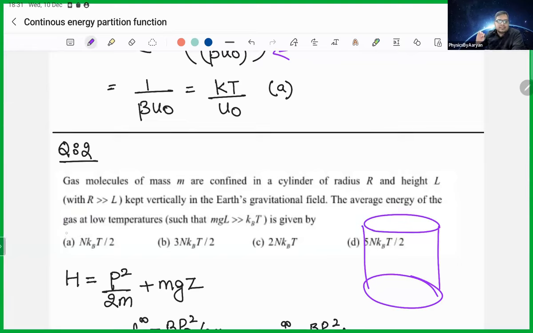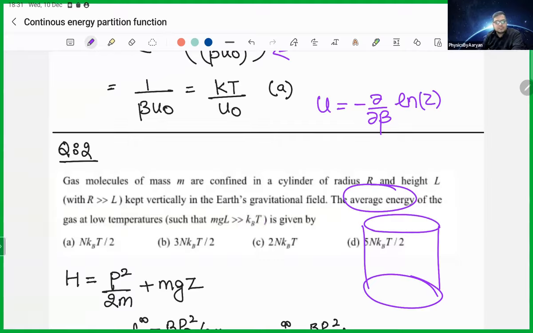The average energy of the gas. Whenever you have to find anything, in this case they are asking for average energy, basically U. As you remember, U is given by minus del by del beta of log Z. So in order to find U, first you need Z. The average energy of the gas at low temperature means, and they have even given that mgL, the potential energy, is much greater than thermal energy, which is kBT.